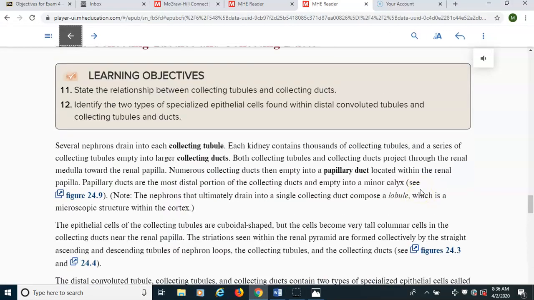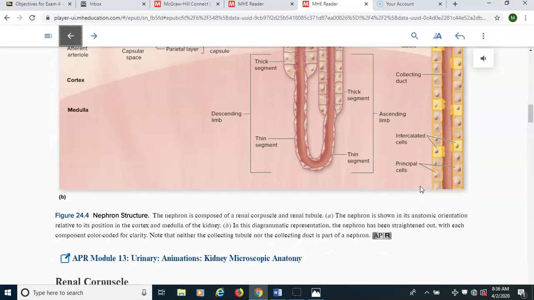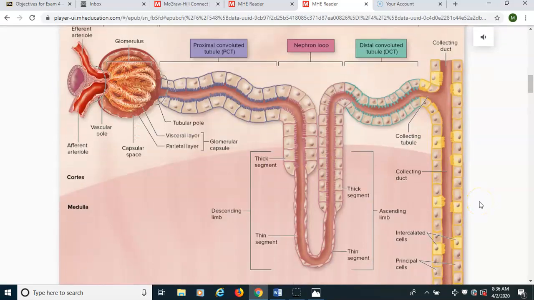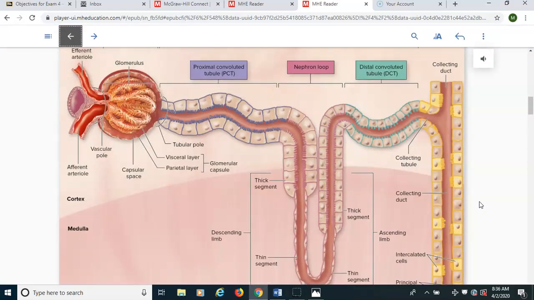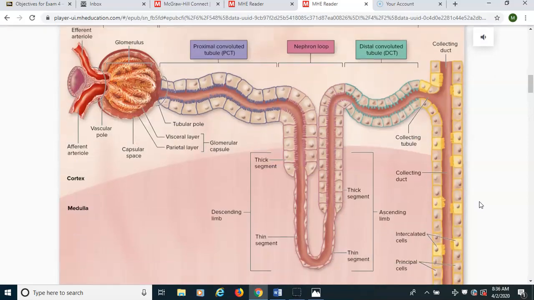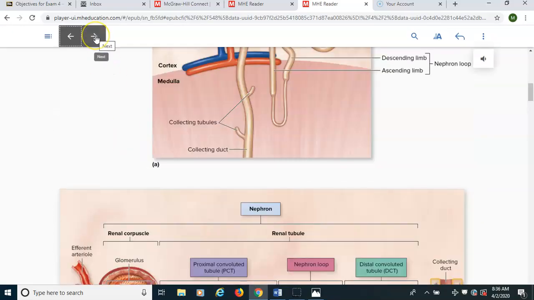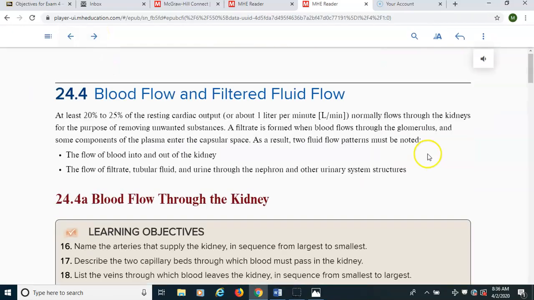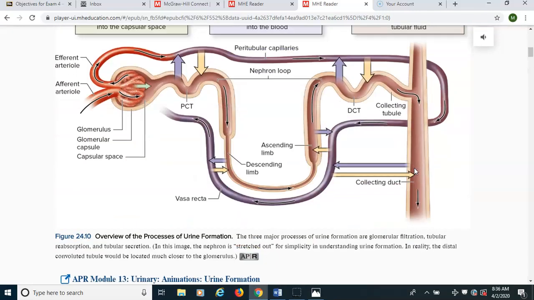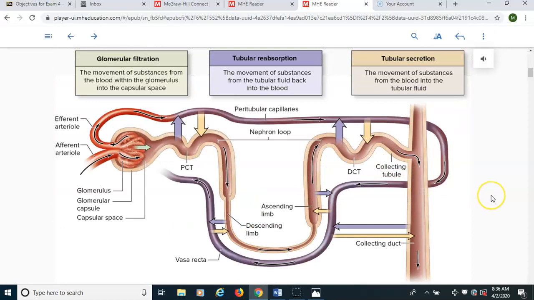And I think I'll go back to that picture. Let me see if I can find the picture that shows the processes. There we go. So this picture is a little bit better.